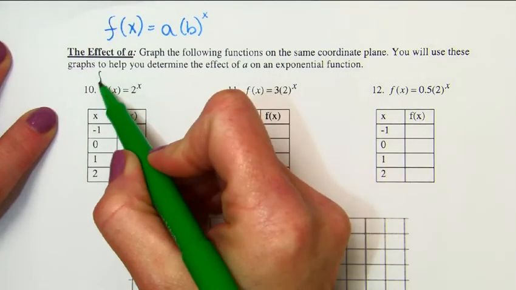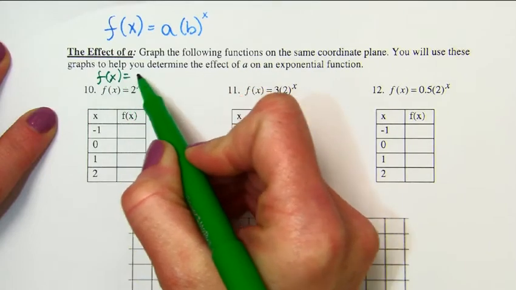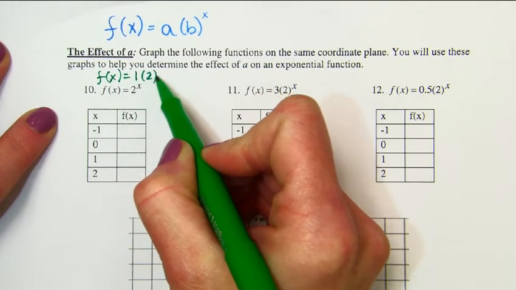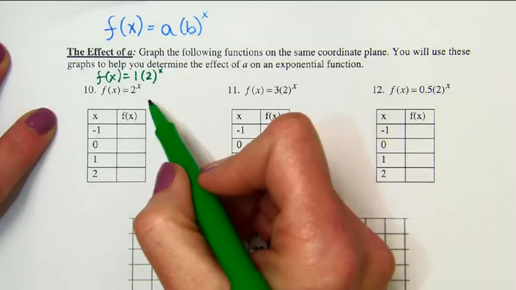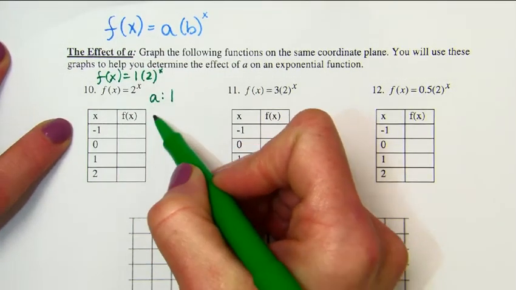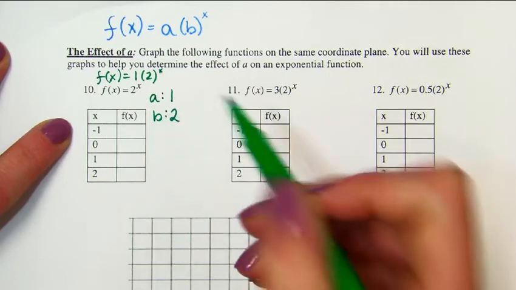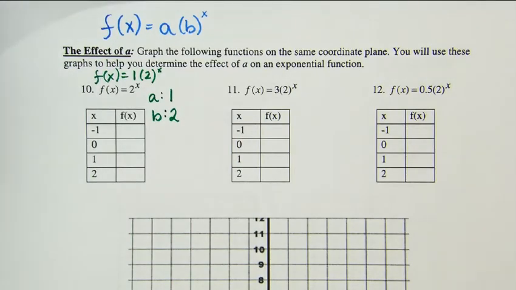So again, I'm going to rewrite this just so we can visualize what the a is and what the b is. So the a is still 1, but now the b is 2. We actually did this on the last activity, so we're not going to go through all the math.